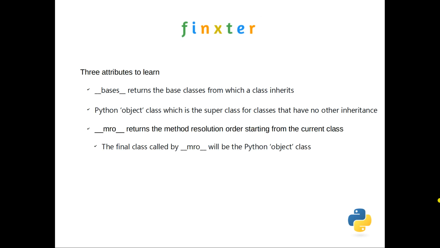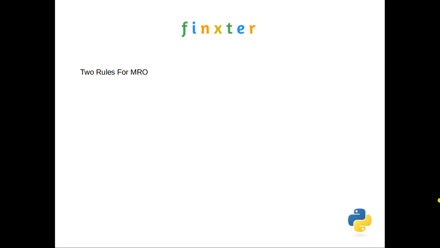And then we have __mro__ that returns the method resolution order starting from the current class you've called it against. And of course, when you call the MRO, the very final class that you see will be the Python object class. So we're going to look at all those in the code examples very shortly.